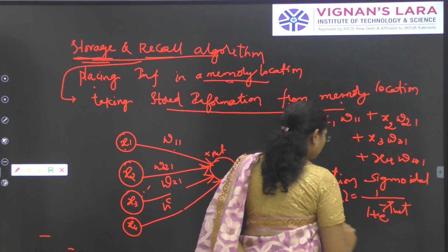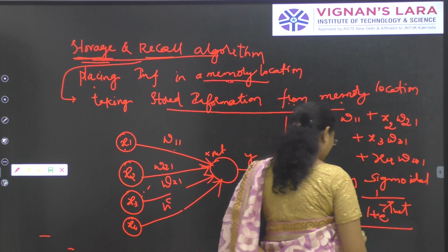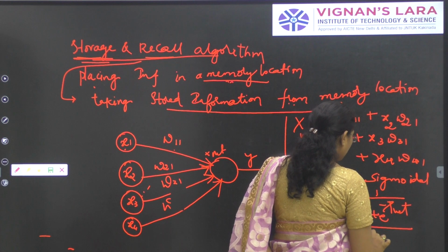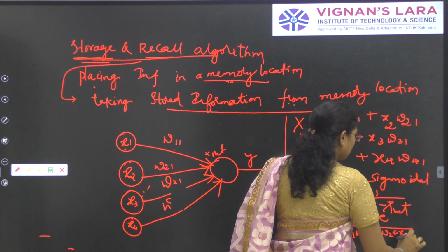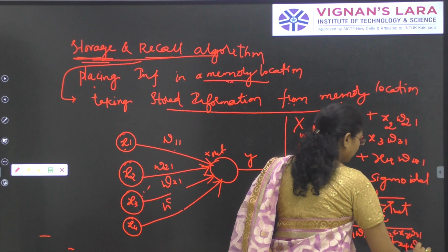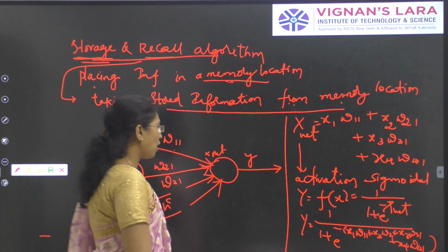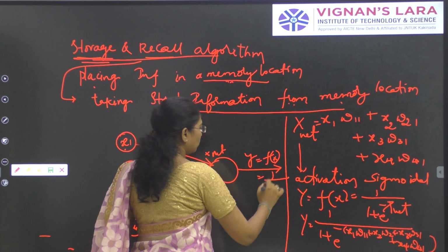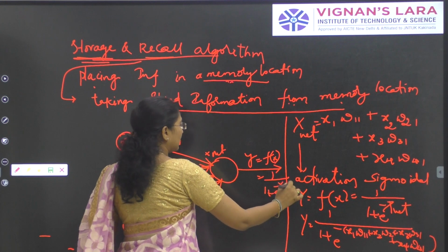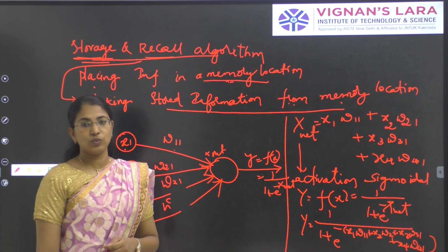So y is equal to 1 by 1 plus e power minus xnet, where xnet is x1 w11 plus x2 w21 plus x3 w31 plus x4 w41. After calculating y, this is your obtained output of the neural network.